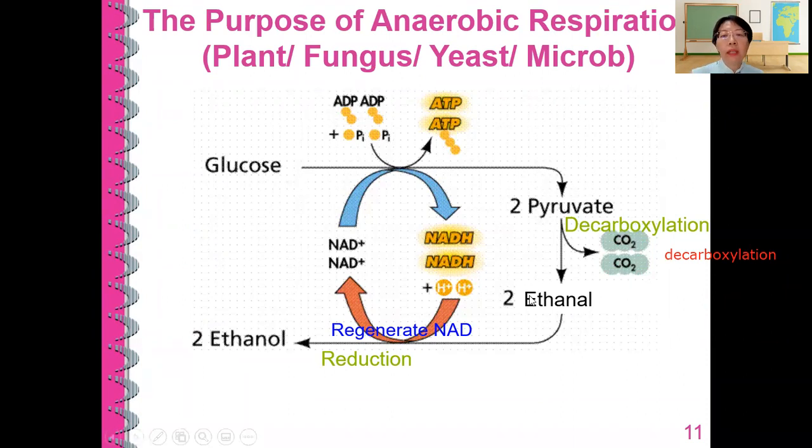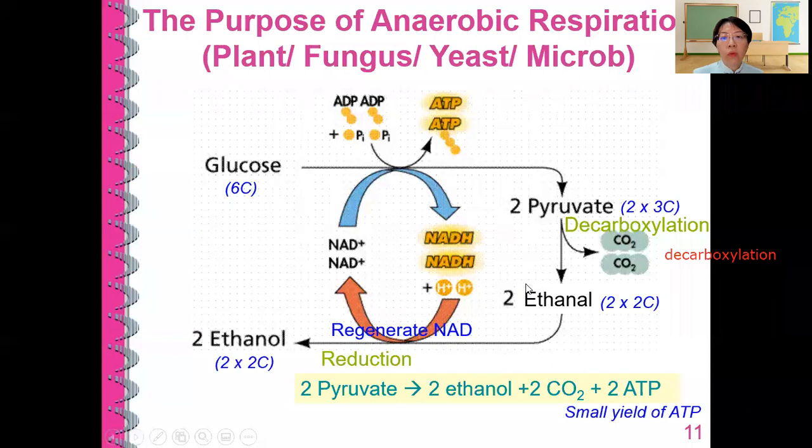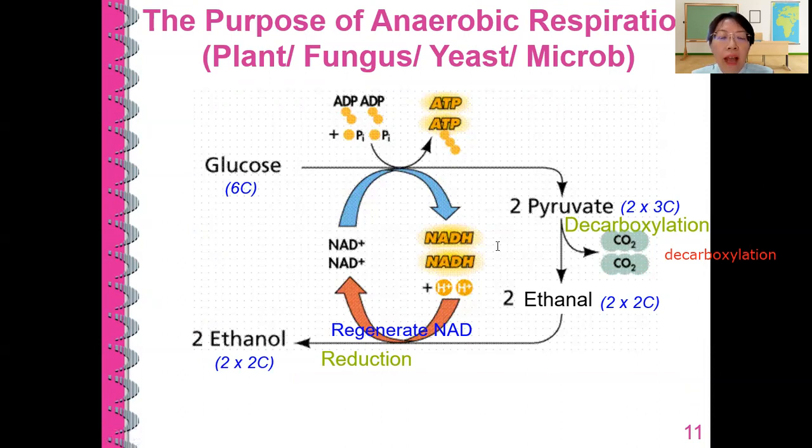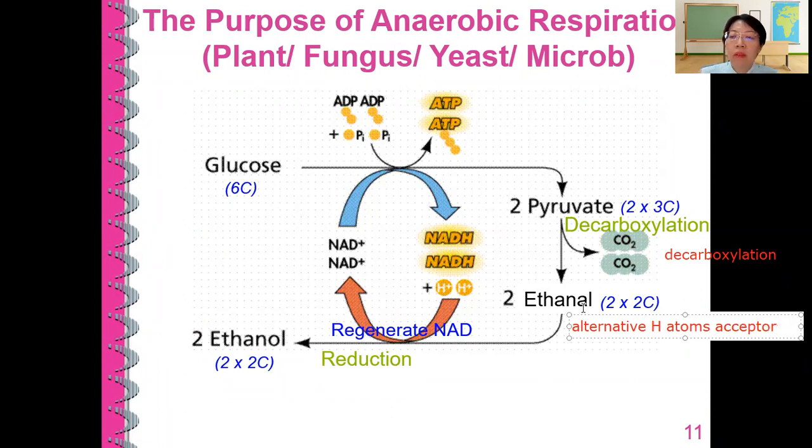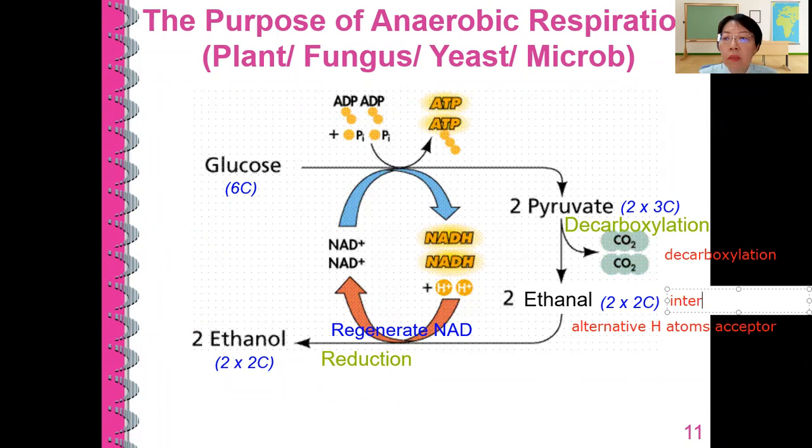So therefore, in this case here, acetaldehyde will act as the hydrogen acceptor. So it will act as an alternative hydrogen atom acceptor, alternative to oxygen, and it is an intermediate product of respiration.